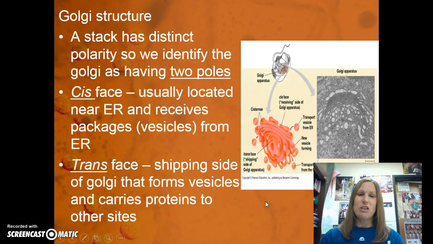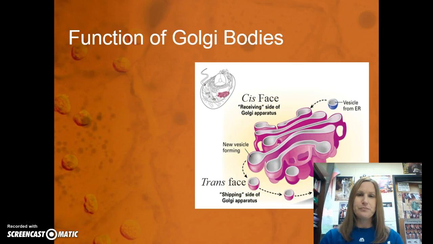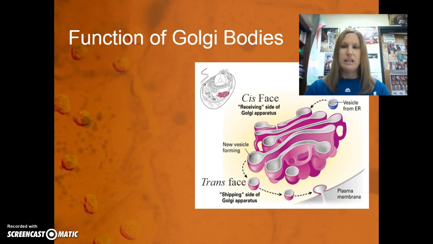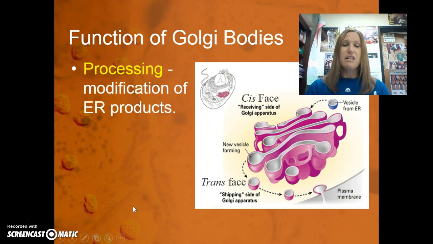So I'm going to show you another big picture here. And here we go. So overall function of Golgis, processing. They modify the ER products. So the ER takes its products, packages it into a vesicle as part of that endomembrane system, and then sends it to the Golgi apparatus.